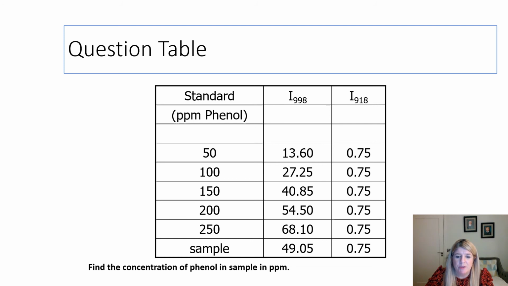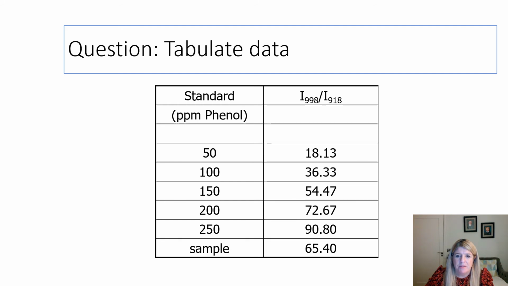So then what we do is we plot the graph. To plot the graph, we have to divide our standard by our internal standard. And we do this for each one, and we get the following table. So here's intensity of 998 divided by intensity of 918. So you see for 50 ppm now, we have this I REL, or relative intensity, of 18.13, and so on.